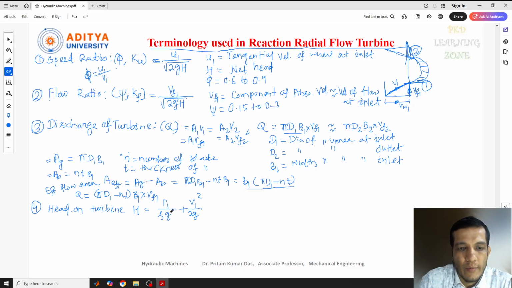This first term is the pressure head and this is the velocity head. Here P1 is the pressure at the inlet condition, V1 is, as I already told you, the velocity at the inlet condition. So this is about the head at the inlet condition.